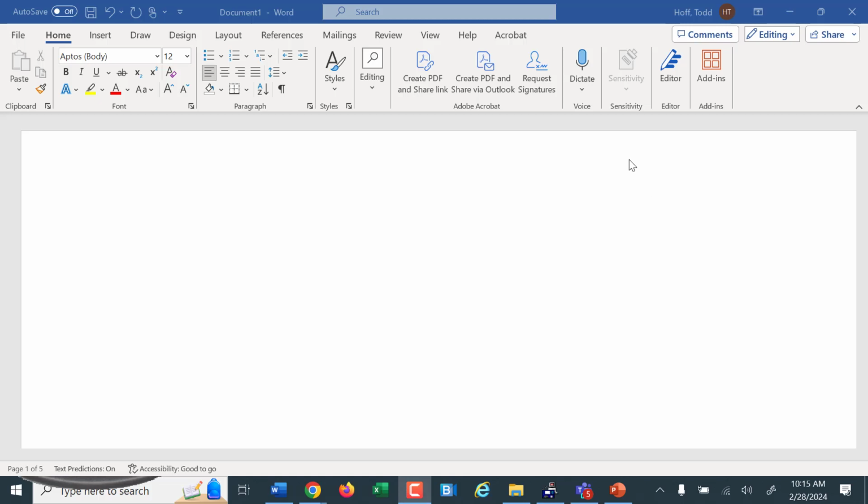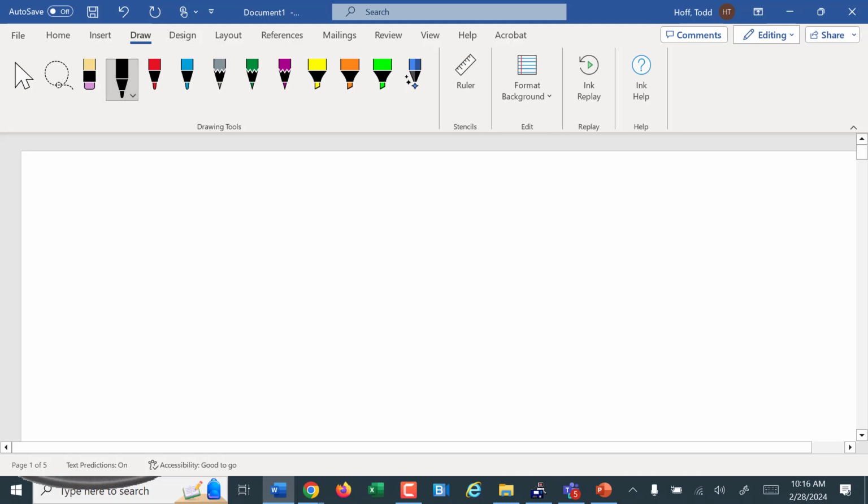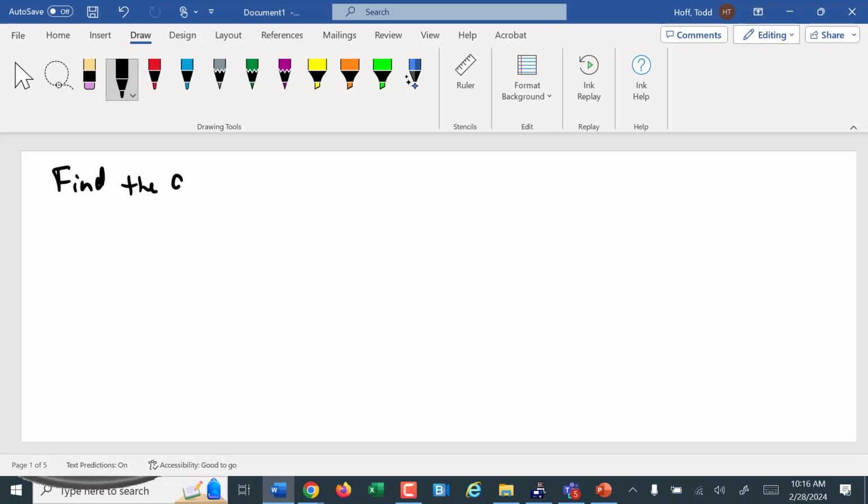Hey everybody, I wanted to take a little time before we finish up this week to go over using StatCrunch to do confidence intervals. So I'm going to look at an example where I'm going to ask you to find the 90% confidence interval for a population proportion.